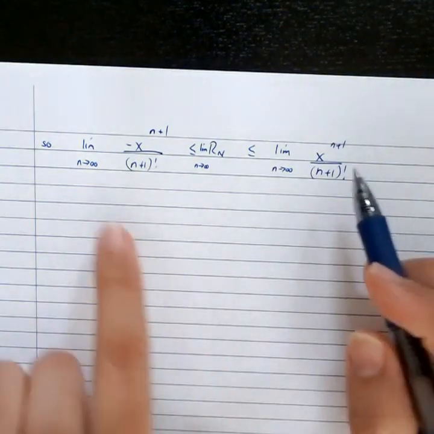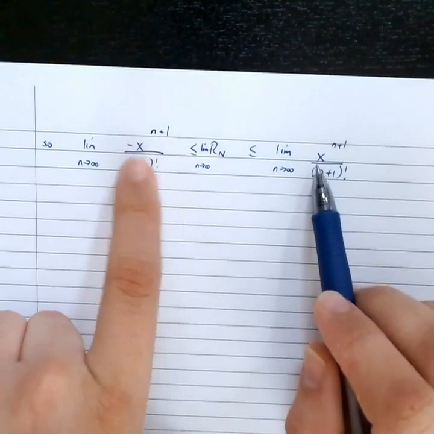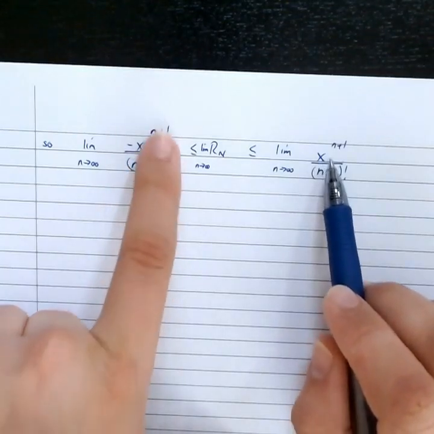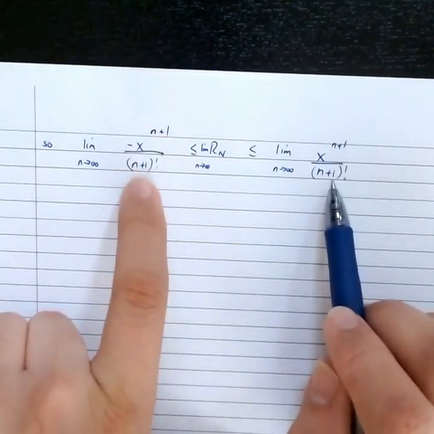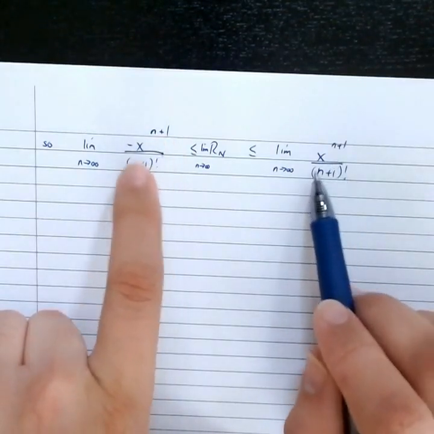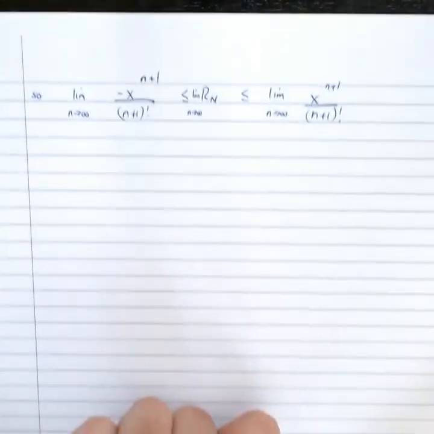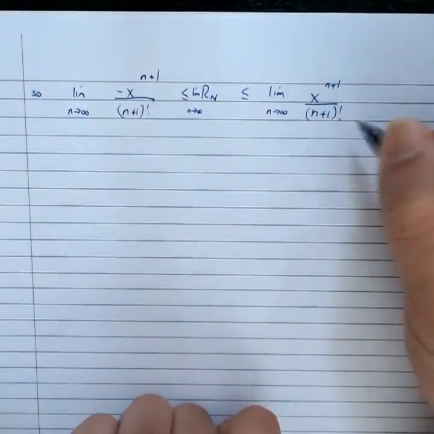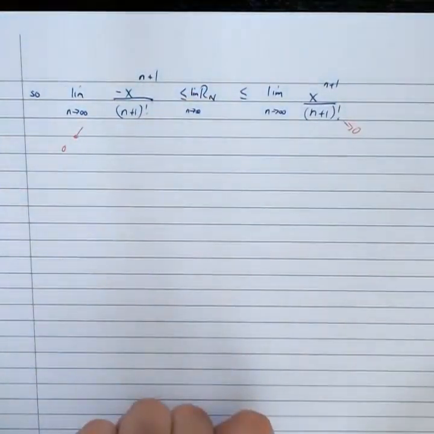But if we go back to section 9.1, we saw that whenever you take a limit of a sequence with an exponential in the numerator and a factorial in the denominator, the factorial will grow significantly faster. So here, this will go to 0, and this will go to 0.